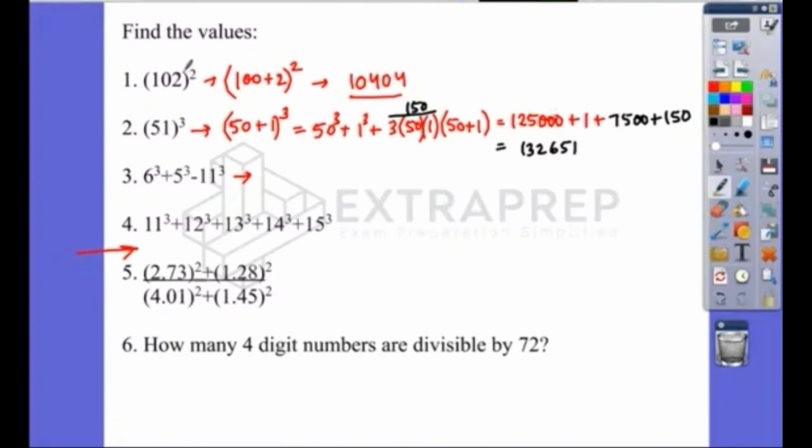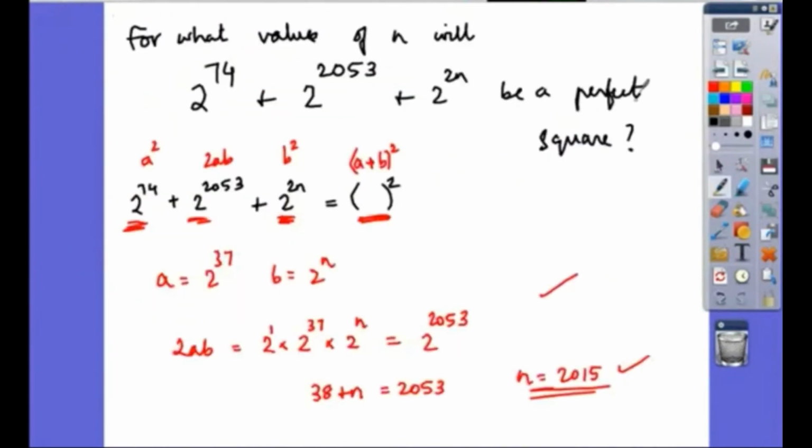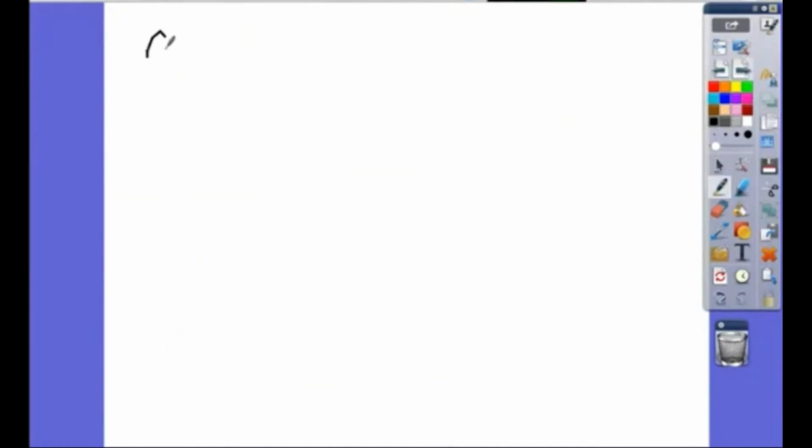Okay. Regarding the first question, there's a certain method that I want to teach you. The first question. It's multiplication of numbers near 100.